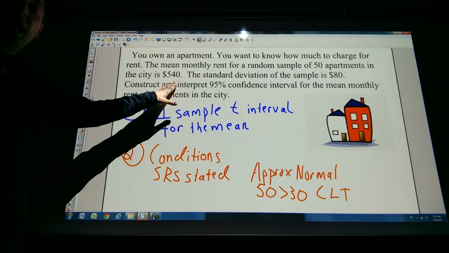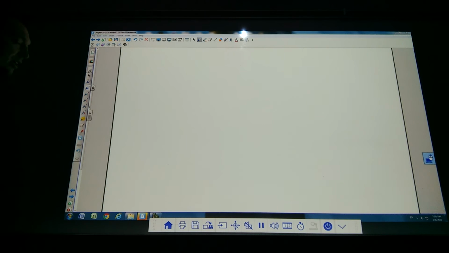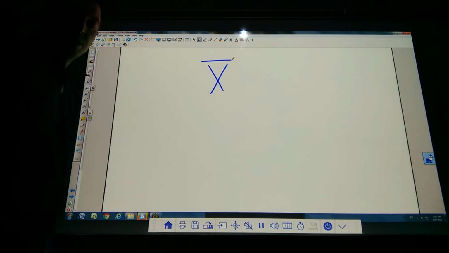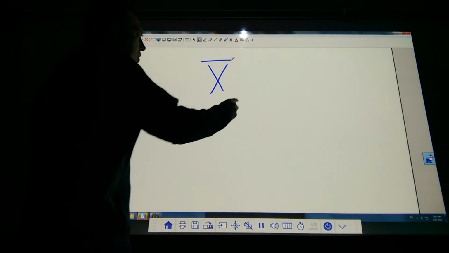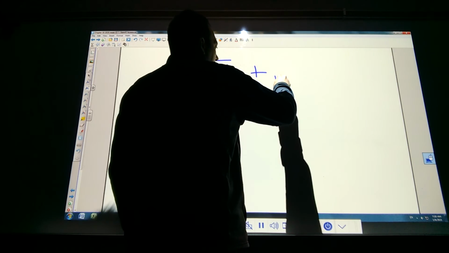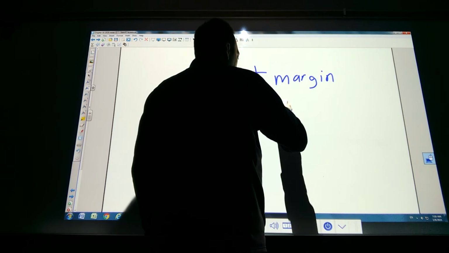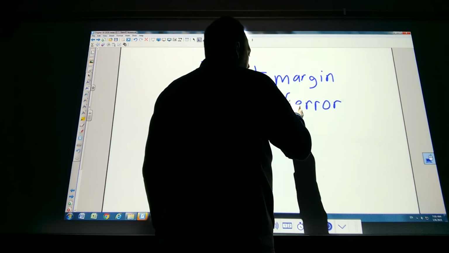Okay? So what your calculator is doing is, and we would have more time, but this year is different. Your calculator is saying, hey, we have a really good guess. The sample average. But we're not sure of what it's going to be. So we're going to add and subtract what we call a margin of error.